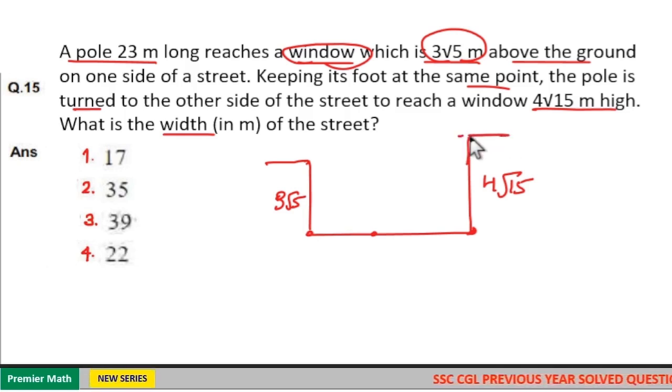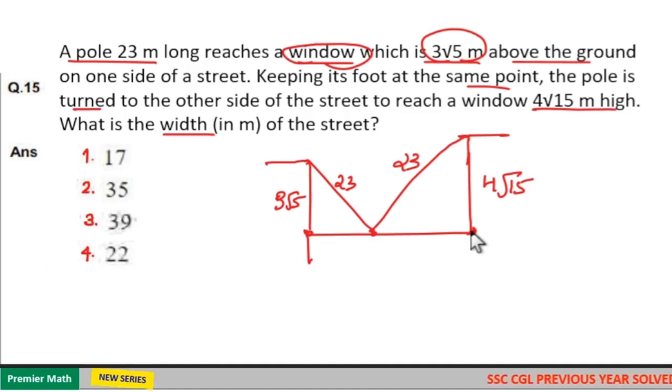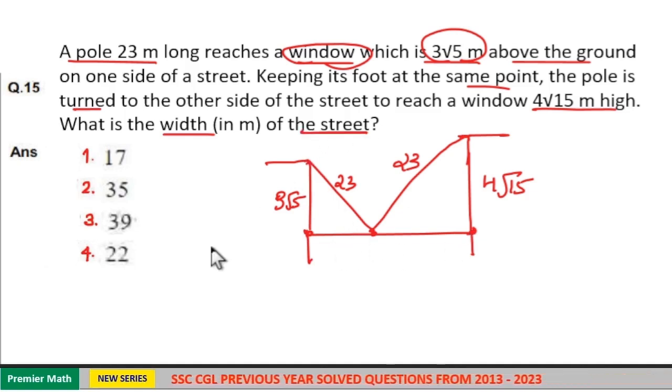The pole reaches both windows, and the pole length is 23 meters. Now we have to find the horizontal distance, that is, the width of the street.